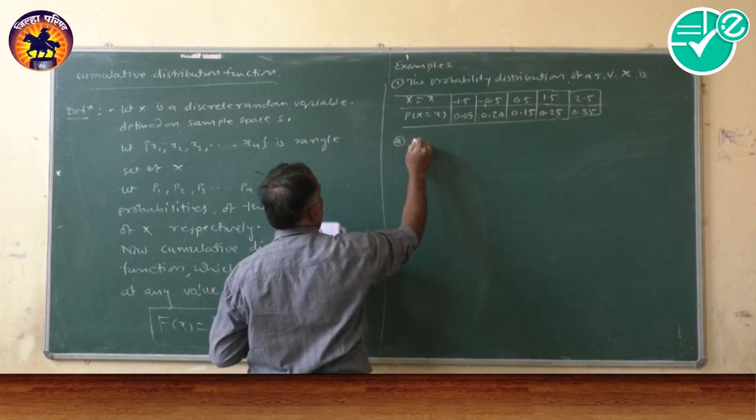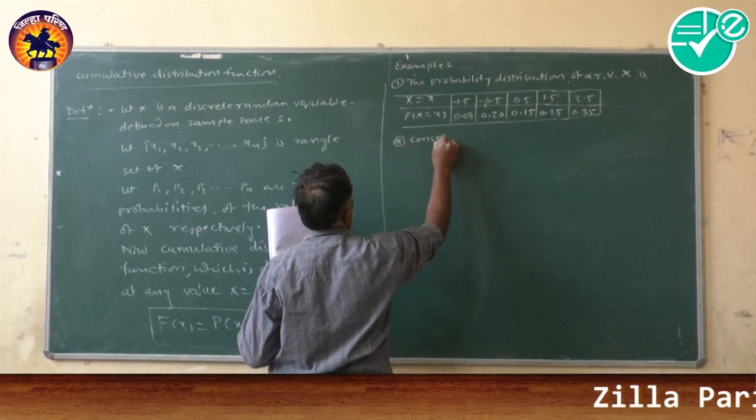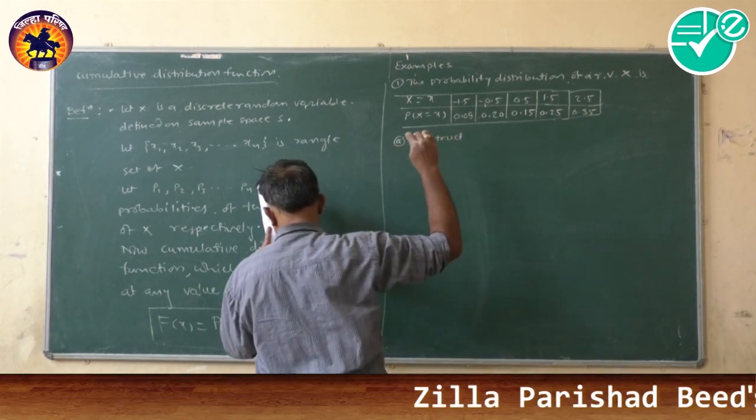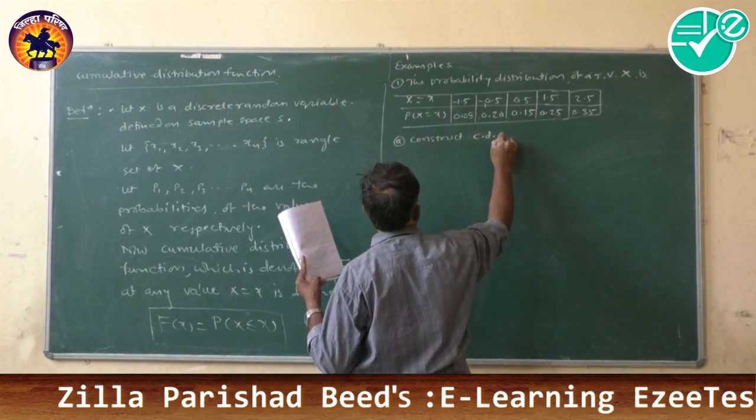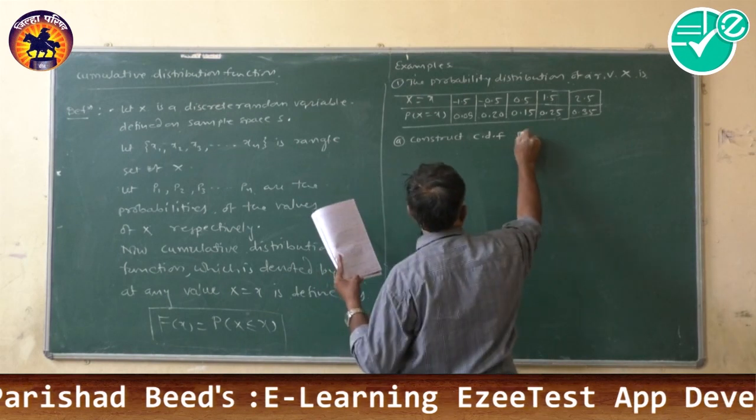The first problem is to construct the CDF, that is the cumulative distribution function, capital F of x.